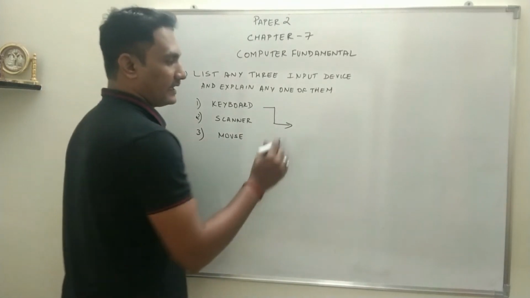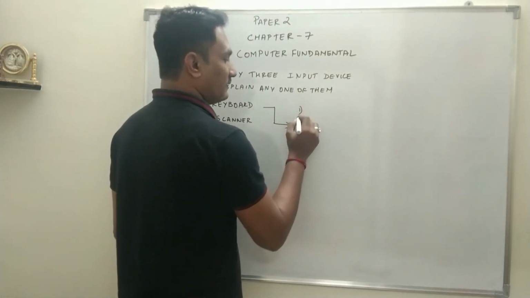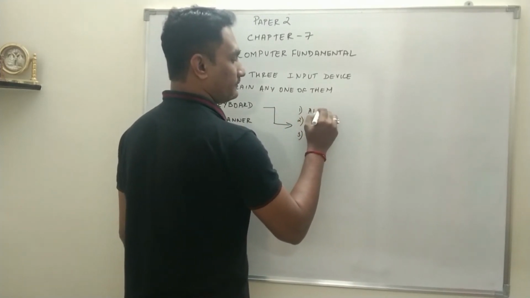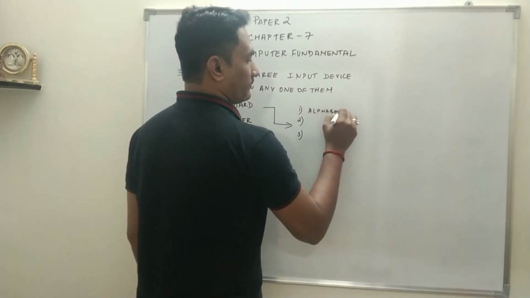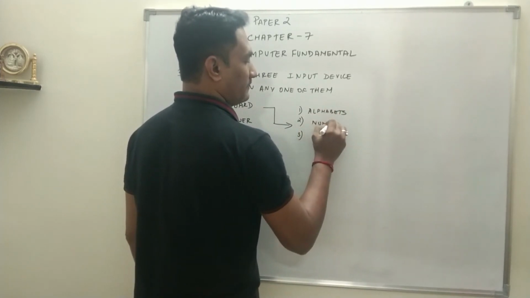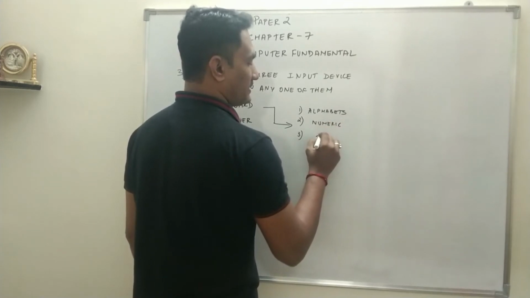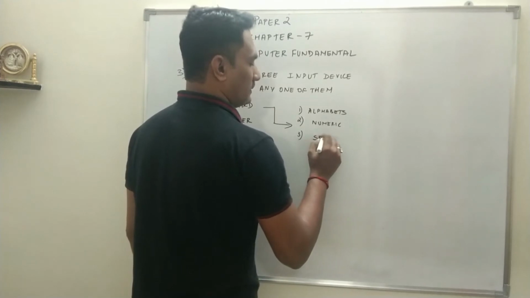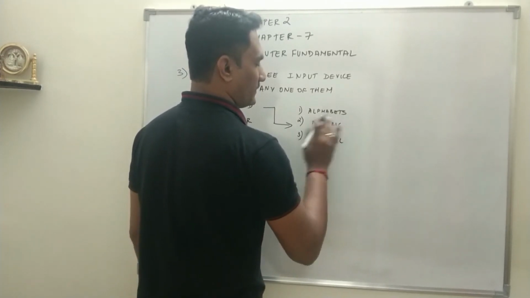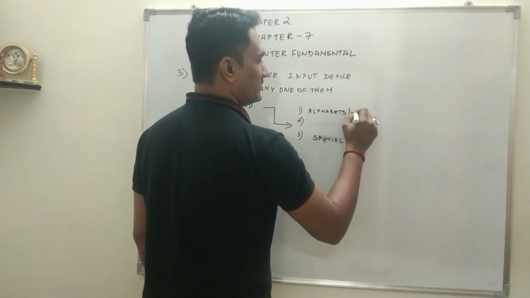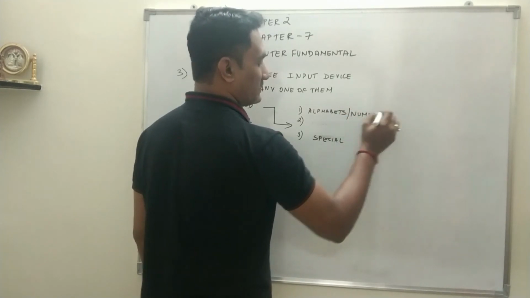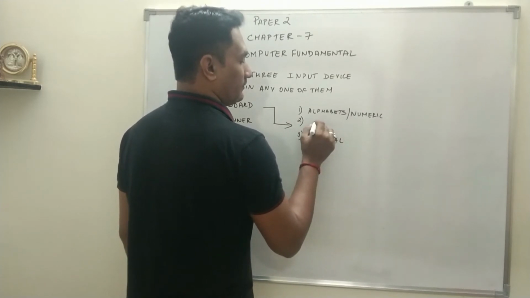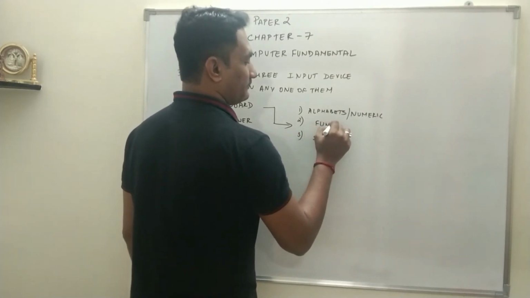Now there are 3 types of keys on the keyboard. They are called alphabets, numeric, and special keys. Sorry, not alphabets and numeric separately, they come under the same heading, and then special keys and function keys.